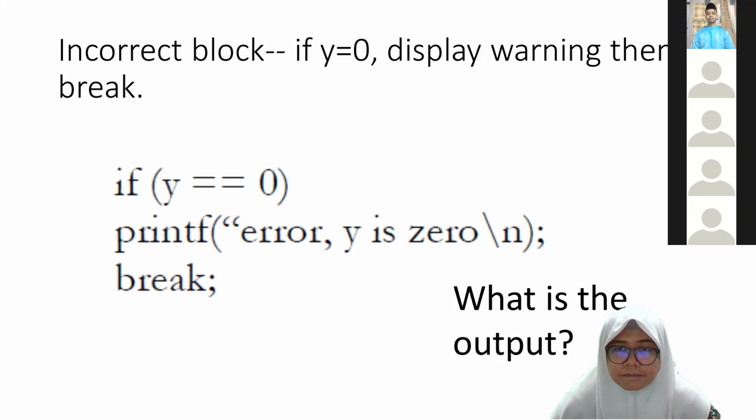It should have the curly braces until break. Yes, thank you. This is an incorrect block. If you remember, I told you at the very beginning of our class that in C programming, only the first statement will be executed by the conditional statement or by the for loops.